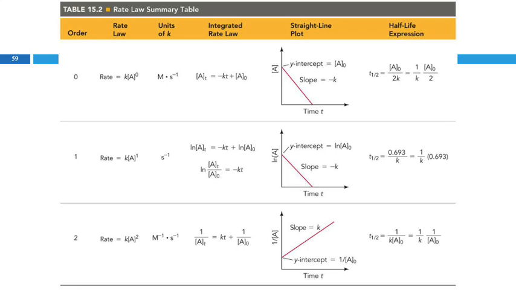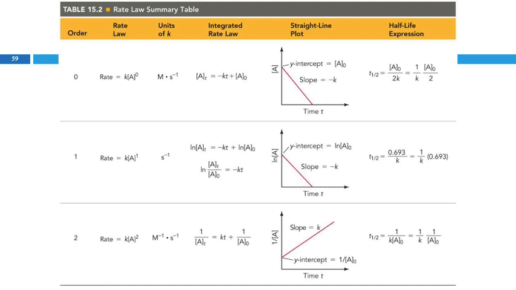That is a very useful table. The rate law summary table has so much good stuff in it. You might want to pull up the slides from Canvas on your phone and take a screenshot. You'll get a much better result than if you take a picture of that screen. Here are the three orders we talked about. Here are the rate laws, which we talked about last week, and the units for K. Today we learned about the integrated rate laws.